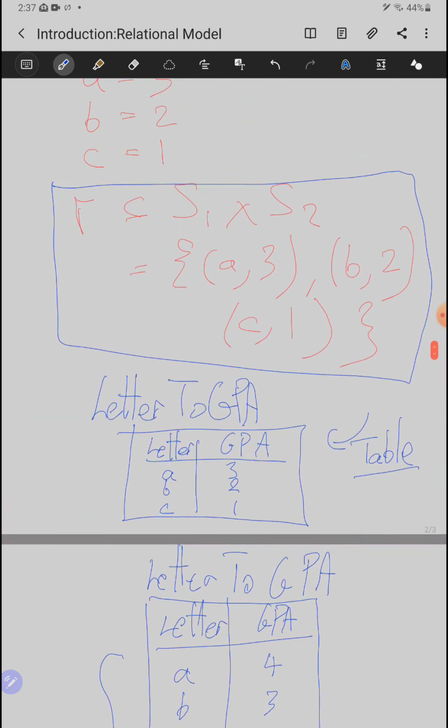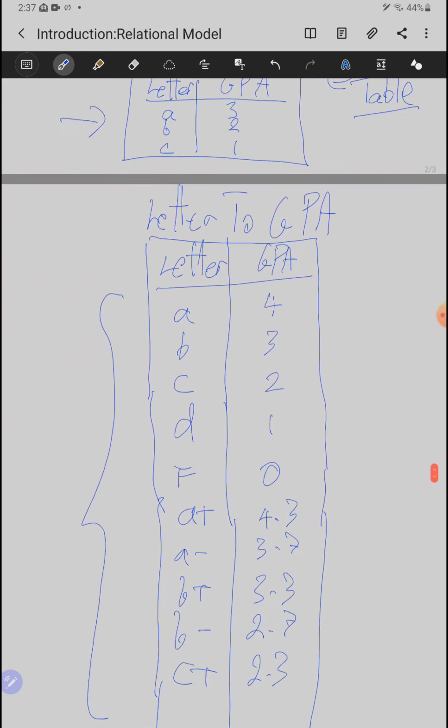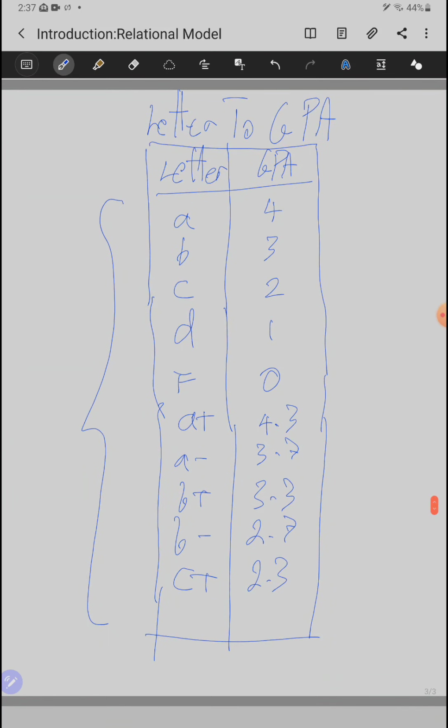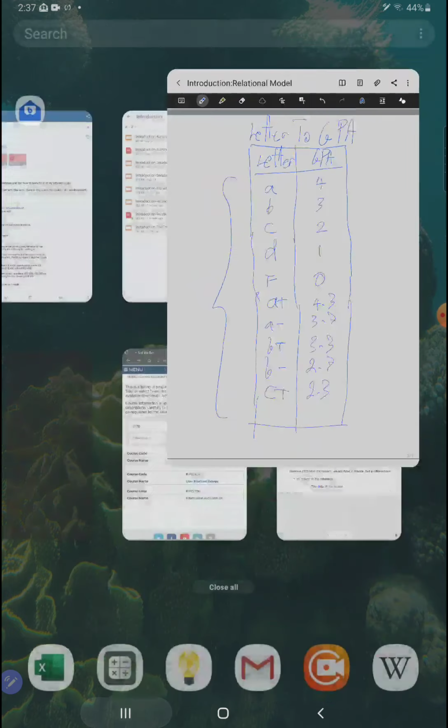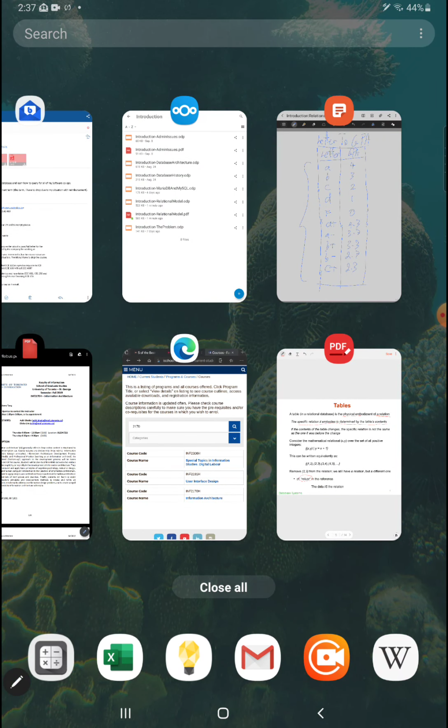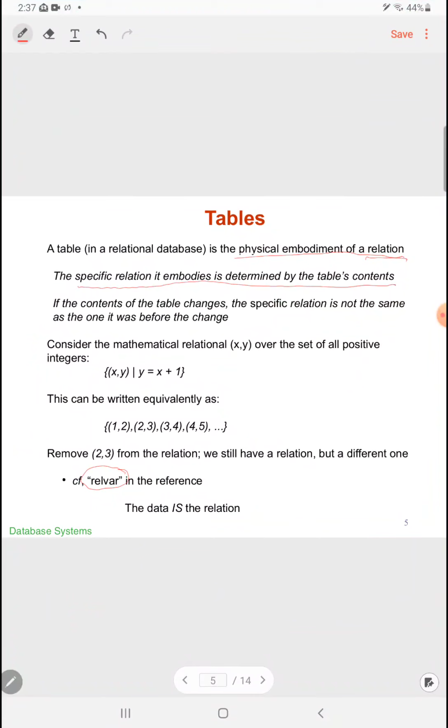It was this little 3-element relation, and now it's a 9 or 10-element relation. Okay. But it's still a letter to GPA conversion.